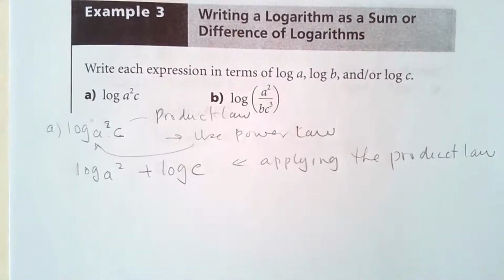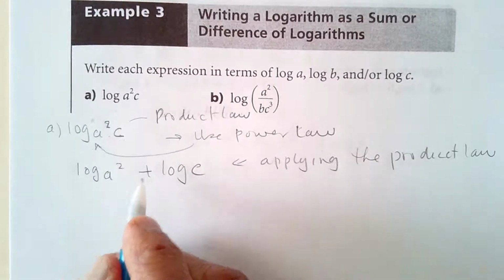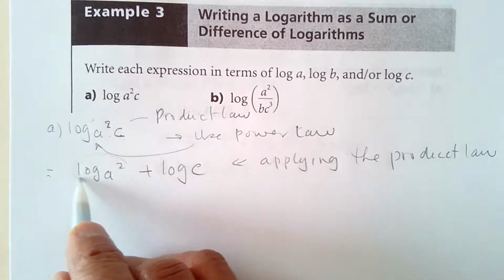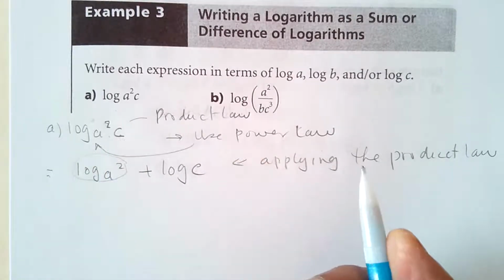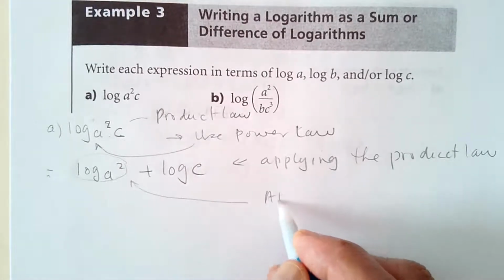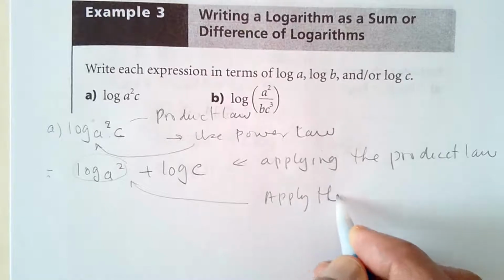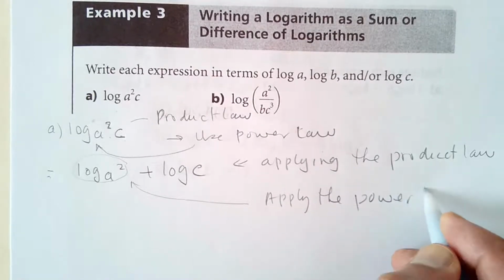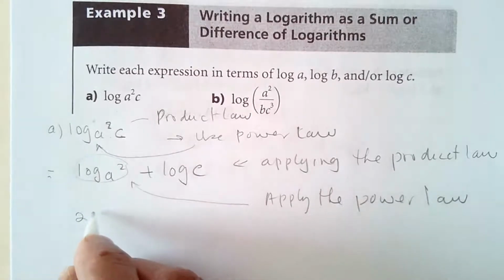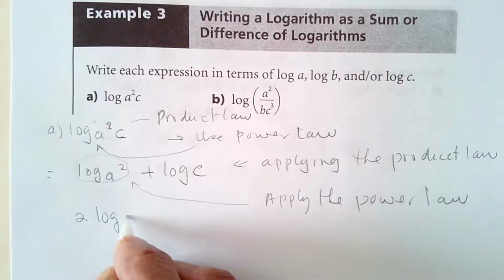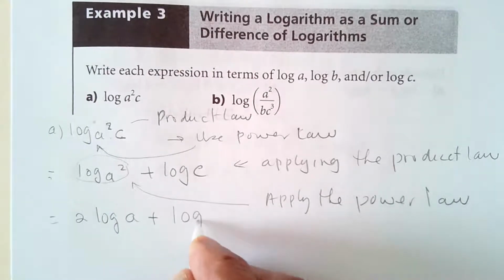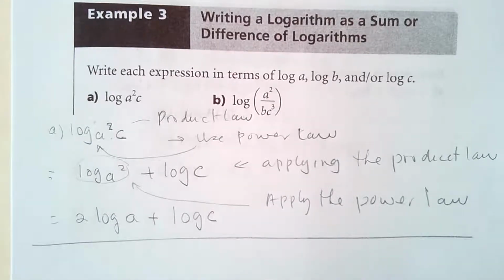Now we are going to look at this piece here and use the power law. So that becomes 2 log A plus log C. So that's your final answer.